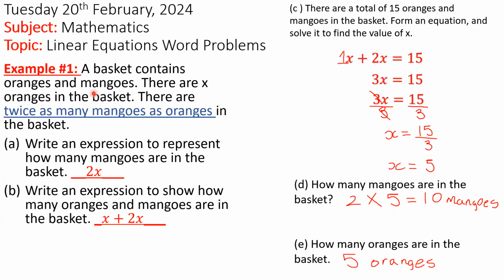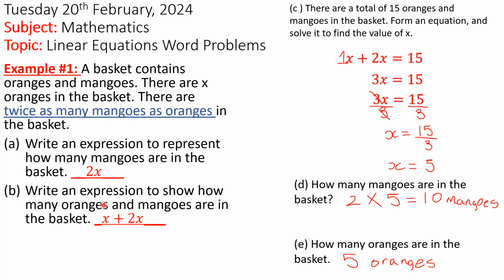Yes, sir. It says a basket contains oranges and mangoes. There are X oranges in the basket. There are twice as many mangoes as oranges in the basket. A. Write an expression to represent how many mangoes are in the basket. 2X, because it says twice as many mangoes. So 2 times X equals 2X. Very good.